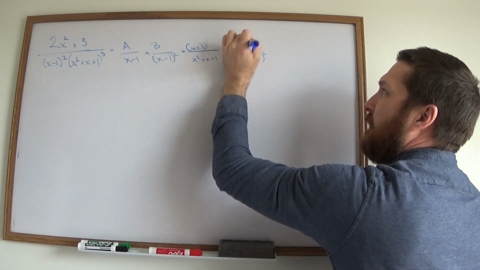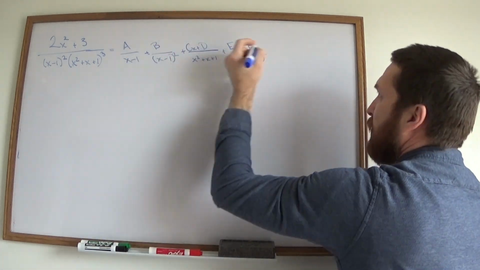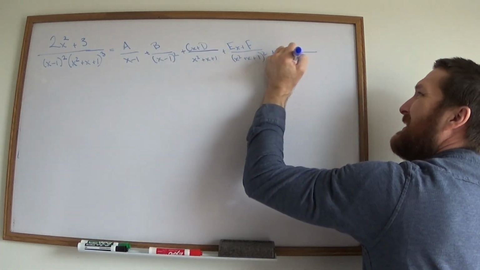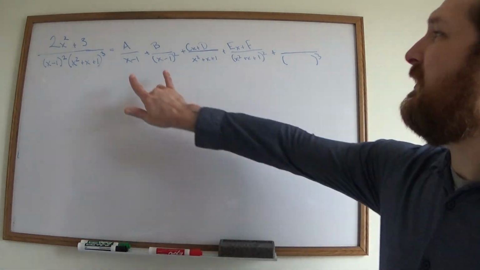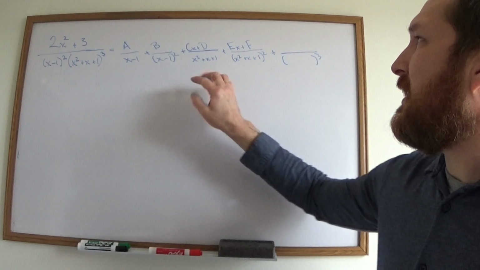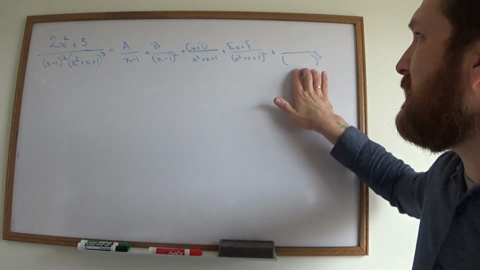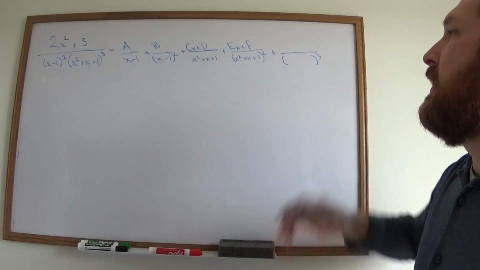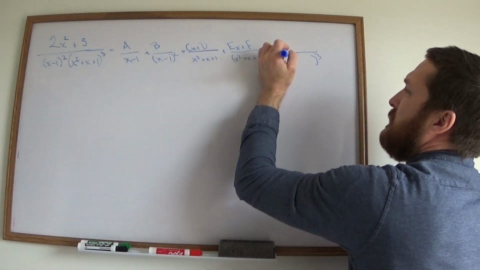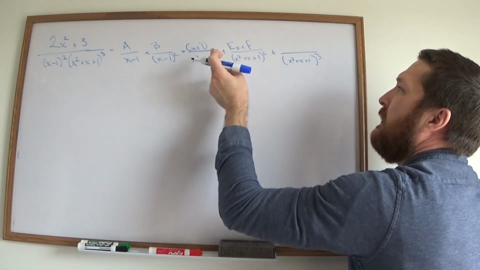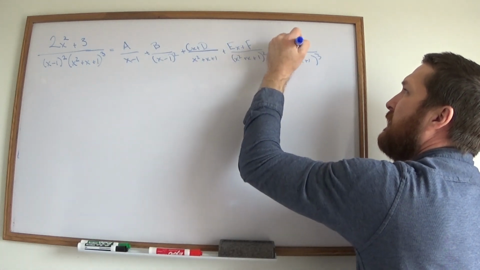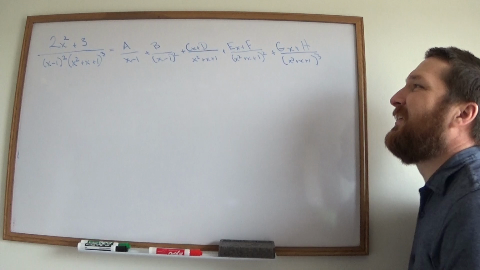Ex plus F. The next one, we're going up to 3, so we need another. It's kind of the same thing. When you have linear ones, they're just constants, and when they're irreducible quadratics, you use linear ones. So x squared plus x plus 1 cubed: E, F, how about G and H? And good luck. Good night.